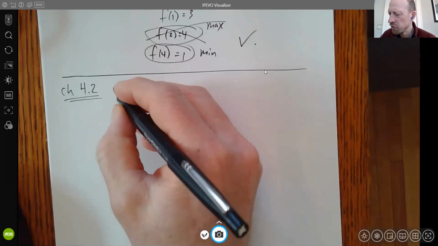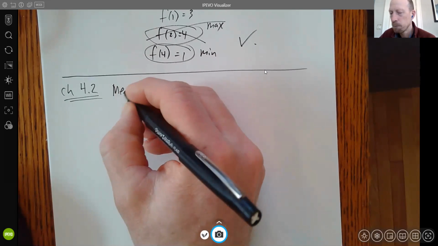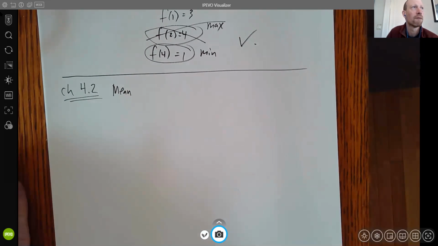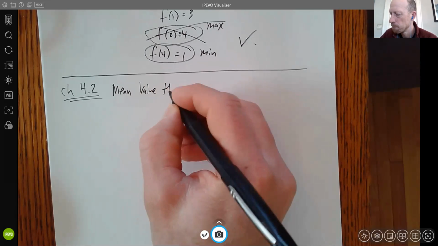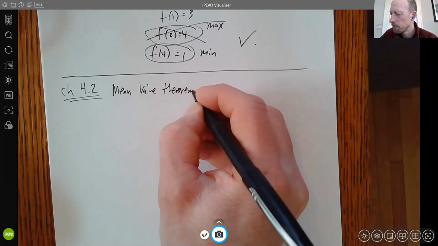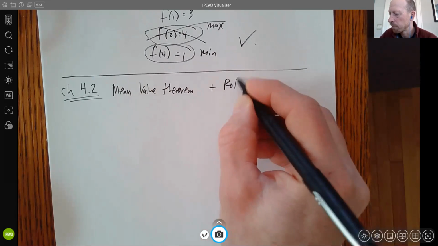4.2 is introducing two theorems: the mean value theorem and Rolle's theorem.